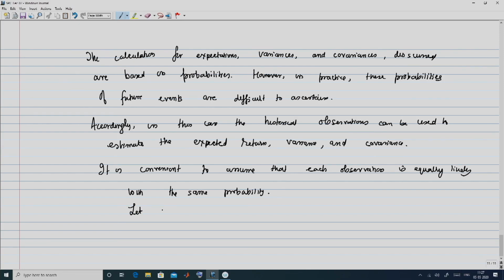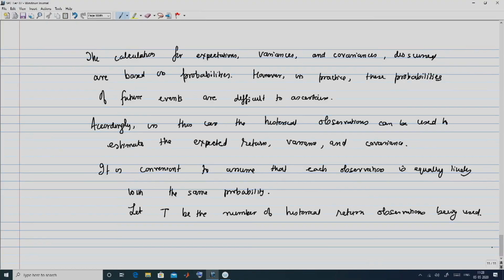Let T be the number of historical return observations being used. So, this means that there are actually capital T plus 1 number of historical data points, which will give us capital T number of historical observations.